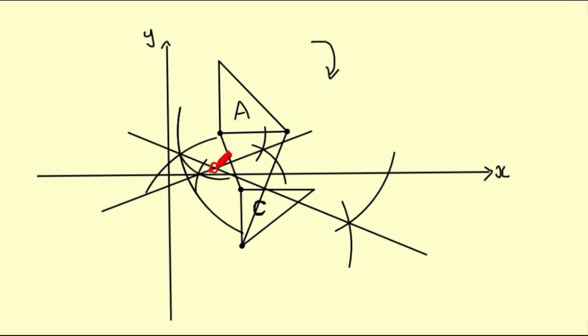You can see the center of rotation. For both lines, we are joining the corresponding vertices and drawing the perpendicular bisector of that line. The point where the two lines intersect is the center of rotation. Like this we can find the center of rotation.